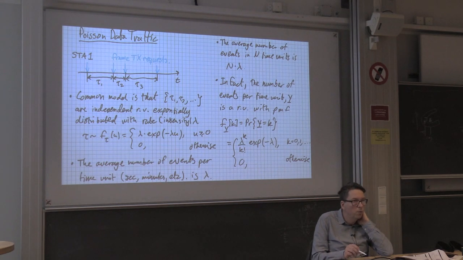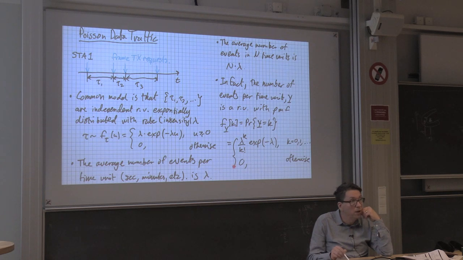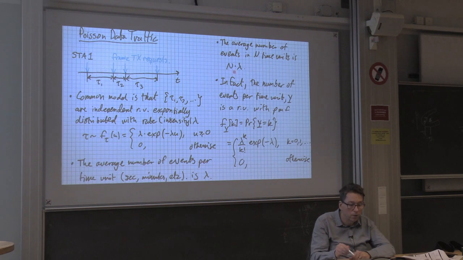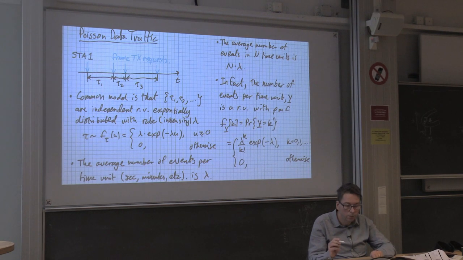That's not super important, but it's important to figure out how many of these events occur per second or per time unit, which is this random variable Y. It has this probability mass function, and the average of that is equal to lambda. If we extend the time interval to be more than one time unit, then we take N times lambda to get the average.